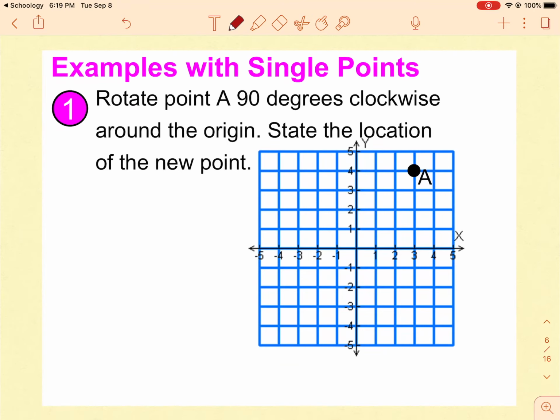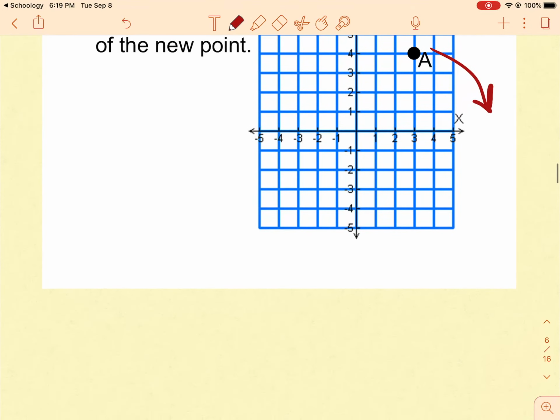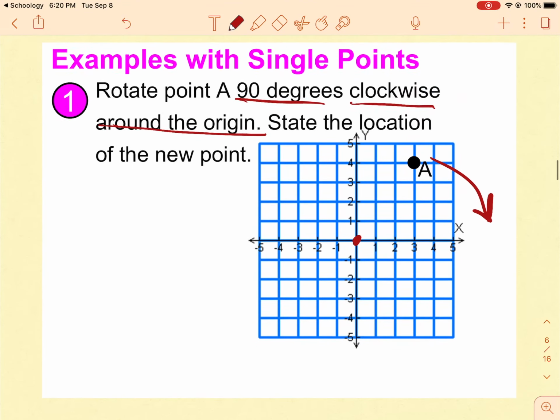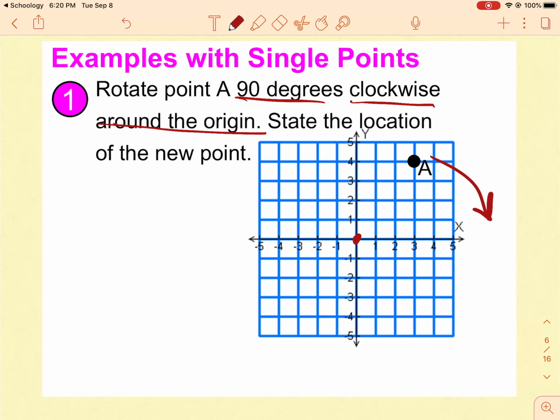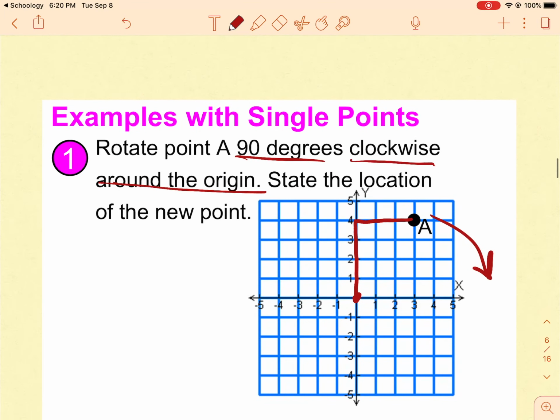Rotating a point 90 degrees clockwise around the origin. So 90 degrees clockwise is in that direction. I can draw the point at the origin, draw a vertical line and a horizontal line. I think most of them I've been going one way, but it works regardless.